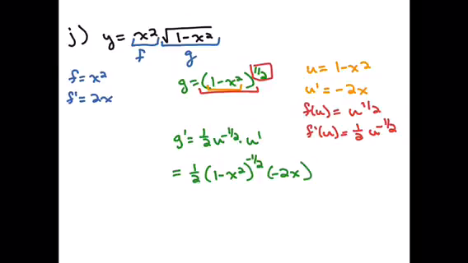Now, if I clean this up, 1/2 times -2x is just going to be -x times (1 minus x squared) to the -1/2 power.